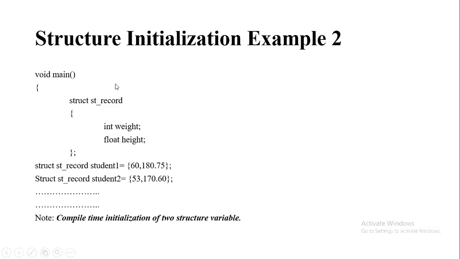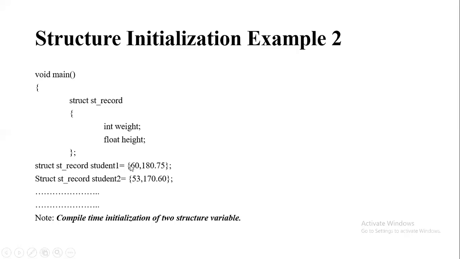Now we want to initialize. To initialize, we have to follow a format. Struct is a keyword, space, st_record is the name of the structure, followed by student1. Student1 is a structure variable, like we saw book1, book2, book3 in the previous example. Similarly, we have student1, and we may give any number of students. For student1, we are initializing 60, 180.75.